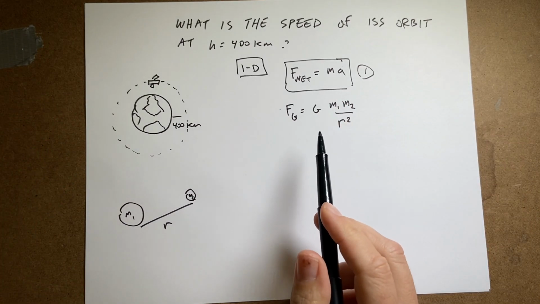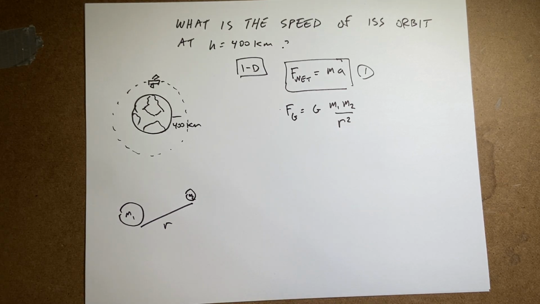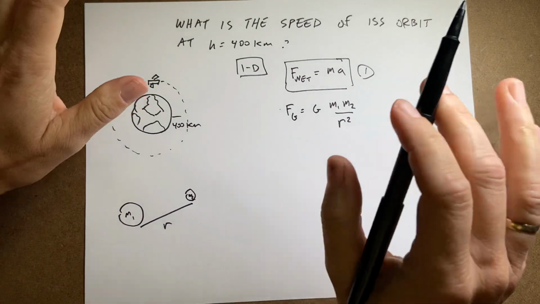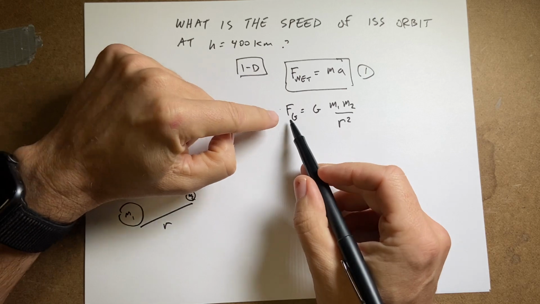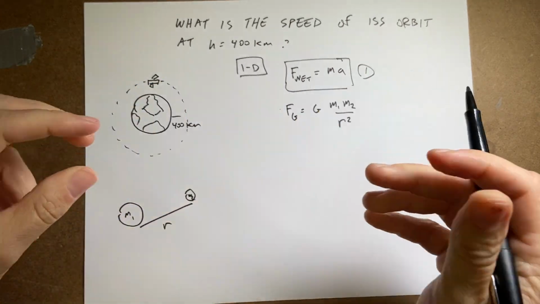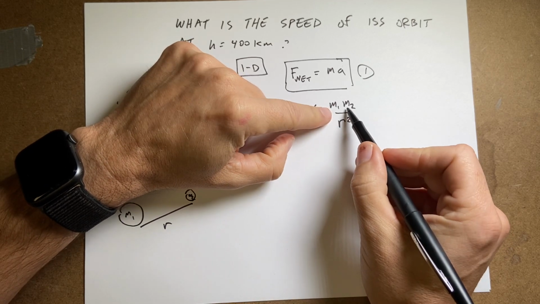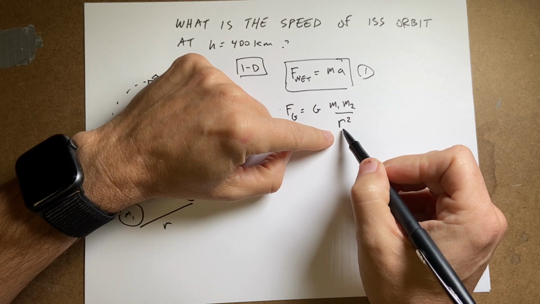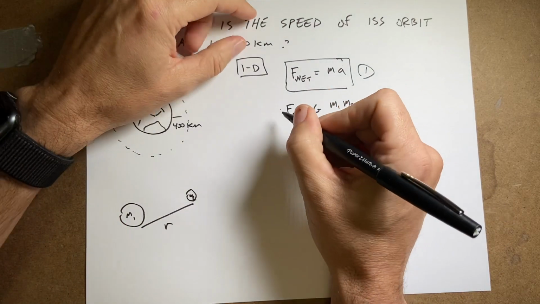Now, this is a scalar force. A lot of times we'd want to write this as a vector, but for this purpose, I'm going to just use it as a scalar. This says that the force pulling these two things together depends on G, the gravitational constant, which I'll show you in just a little bit, the product of their masses, and the distance between them squared. So this is the distance r. Okay, that's big idea number two.